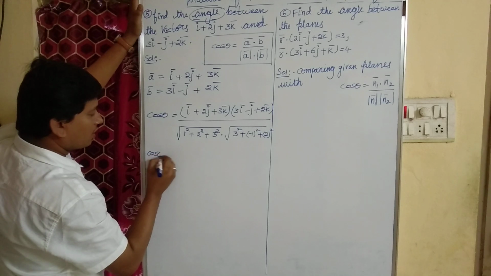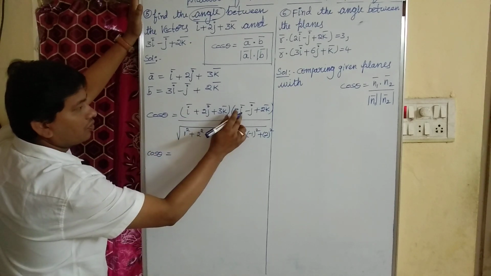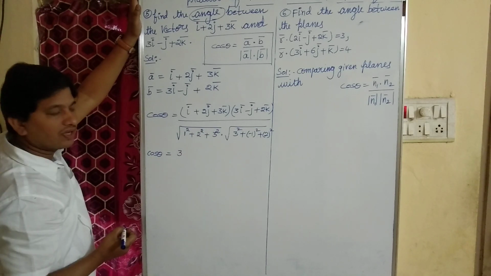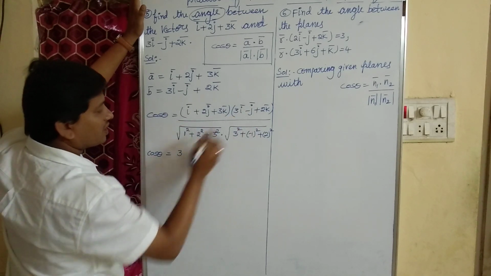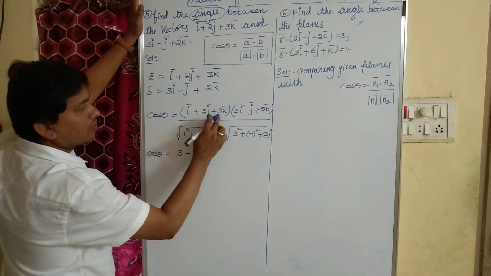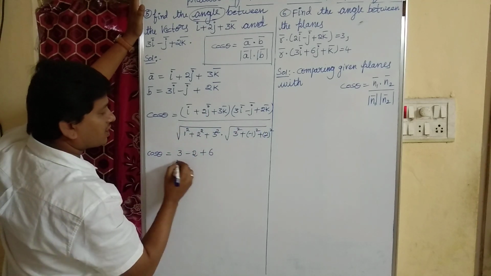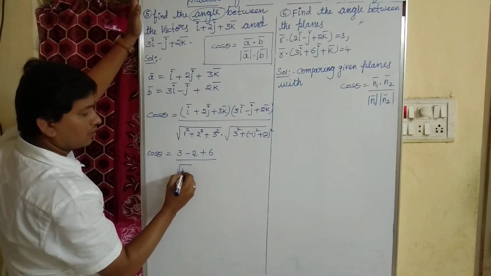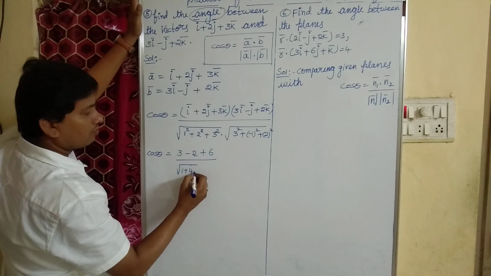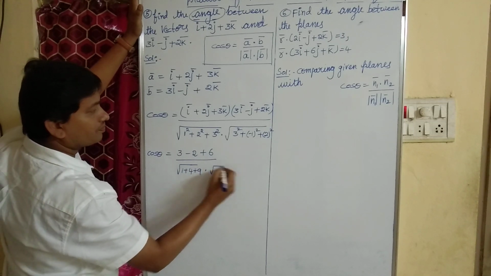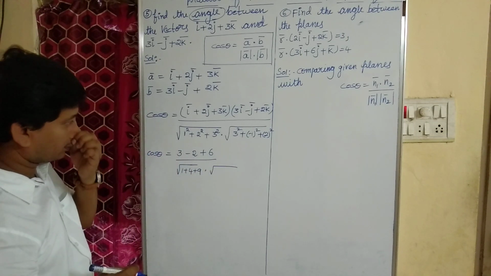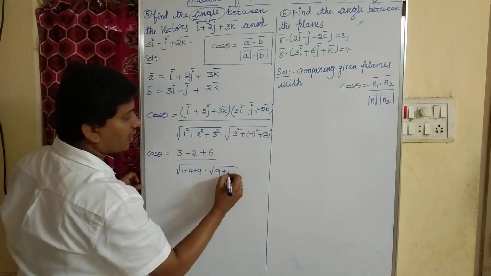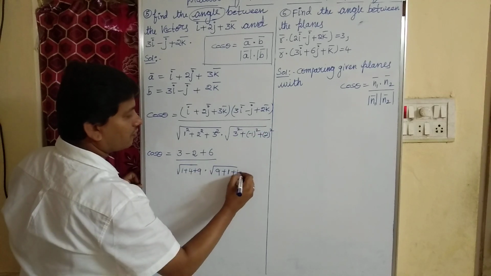Therefore cos theta equal to 1 into 3 plus 2 into minus 1, minus 2, plus 3 into 2, that is 6, by under root 1 square 1 plus 2 square 4 plus 3 square 9, into under root 3 square 9 plus 1 square 1 plus 2 square 4.